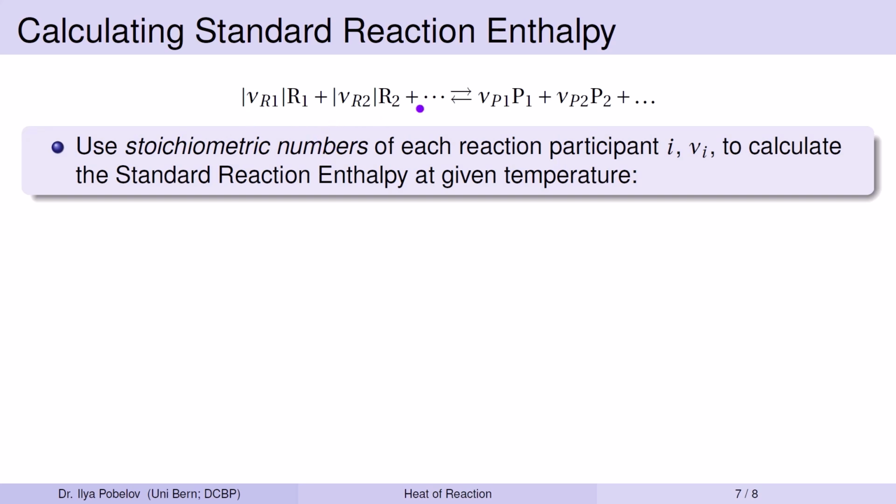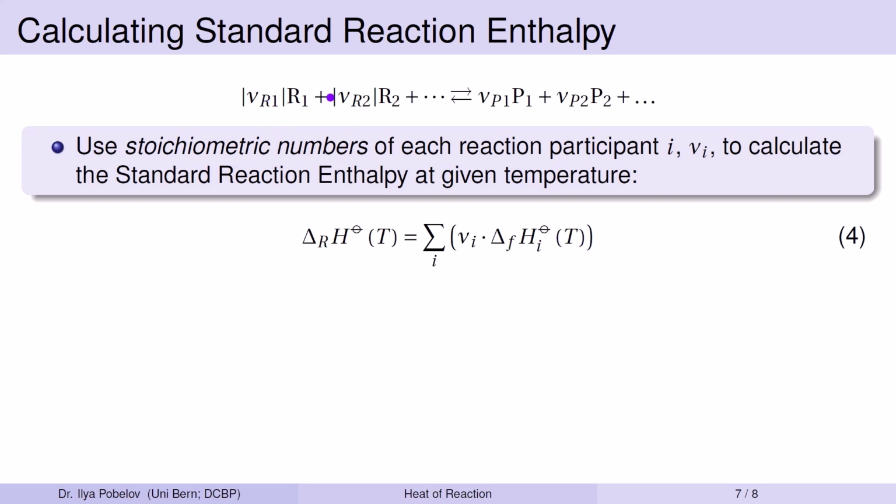Finally, to calculate the reaction enthalpy, we use the stoichiometric numbers of each reaction participant. The standard reaction enthalpy at a specific temperature T is found by summing up for all participants their stoichiometric number times their standard enthalpy of formation at that temperature.